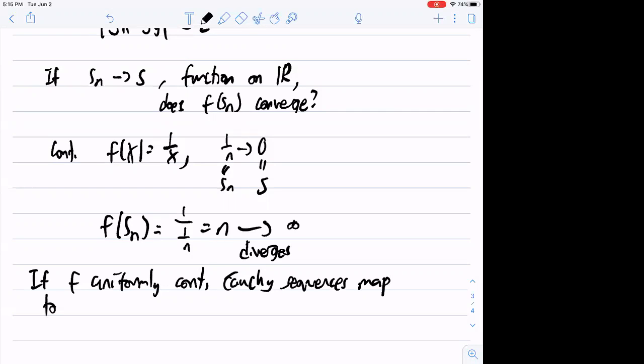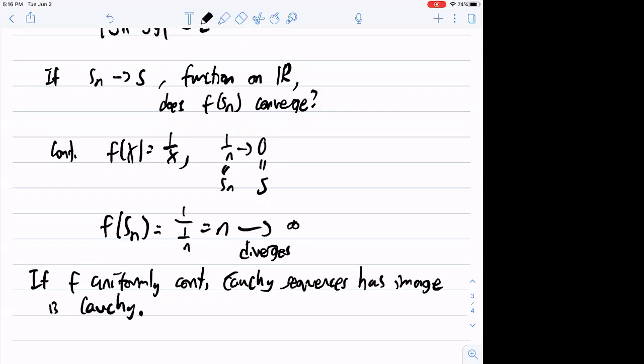Let me make it more clear. The image is Cauchy as well, right? And in the case you're in R, Cauchy is the same as converging, right?